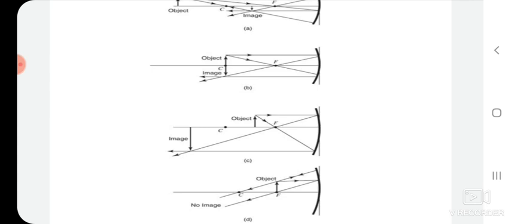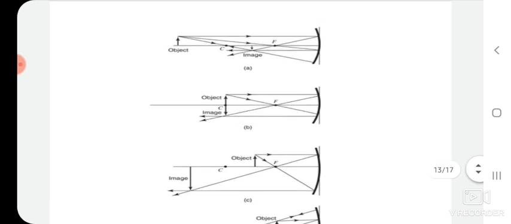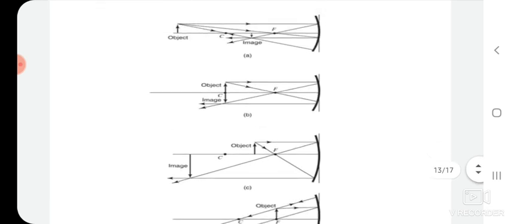The image formed can be characterized by size and placement. Let the distance from the object to the mirror be given by capital O. Then the image characteristics can be summarized as follows.